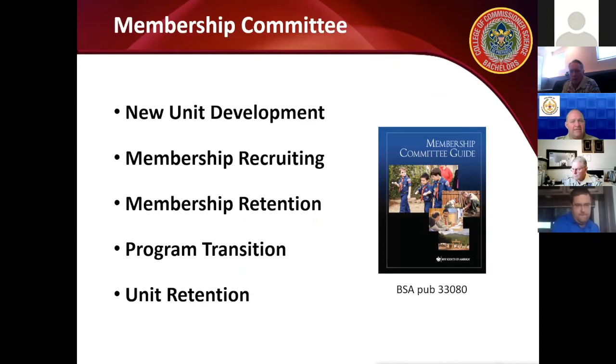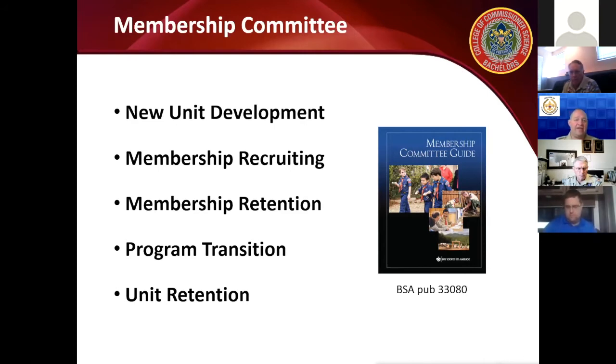An important function of this district is membership growth, and the 5 items listed here on the slide. For example, new unit development, finding chartered organizations to create new units, membership recruitment, assisting units in recruiting, membership retention, retain our current scouting members, program transition, work with the units on transitioning from one unit to the next, for example, from Cubs to Scouts and from Scouts to Venturing.